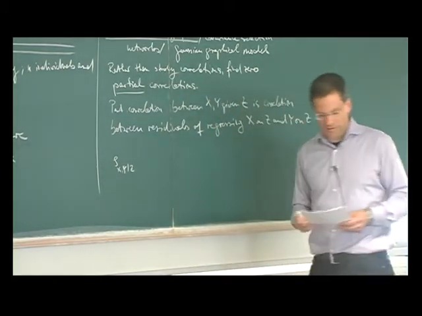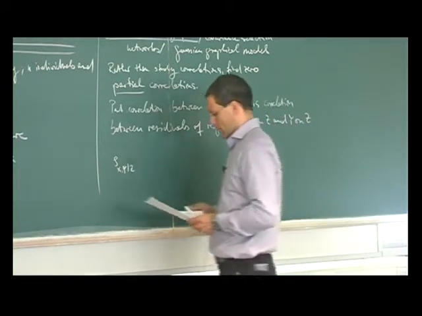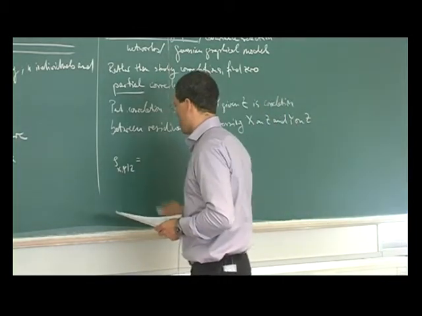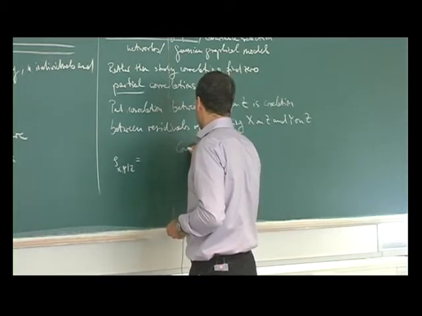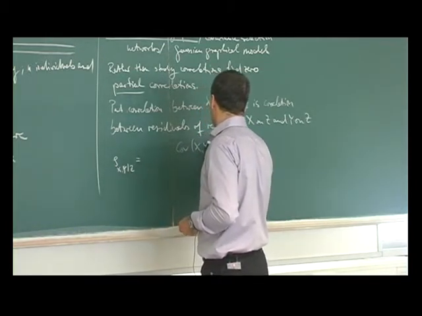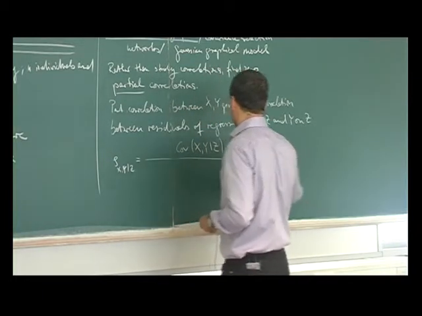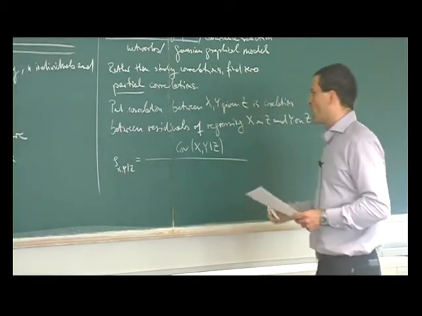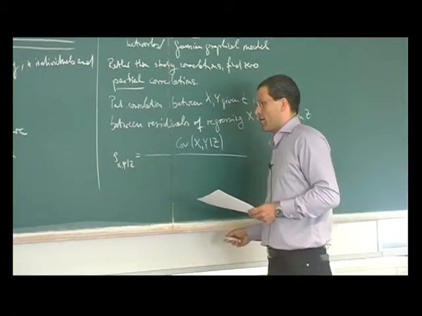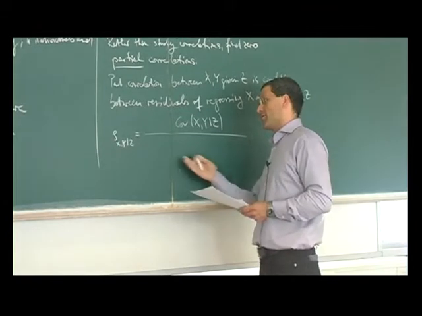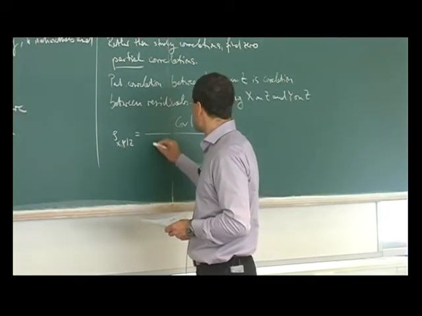And this partial correlation coefficient is related to the inverse covariance matrix if the data has a Gaussian distribution. So just like the normal correlation, this is a covariance standardized by the square root of the product of the variances.